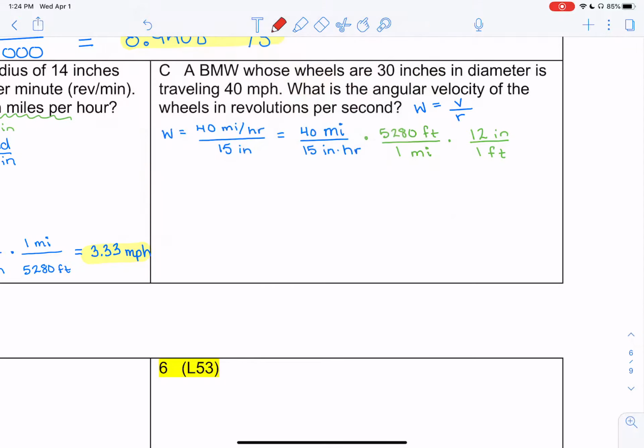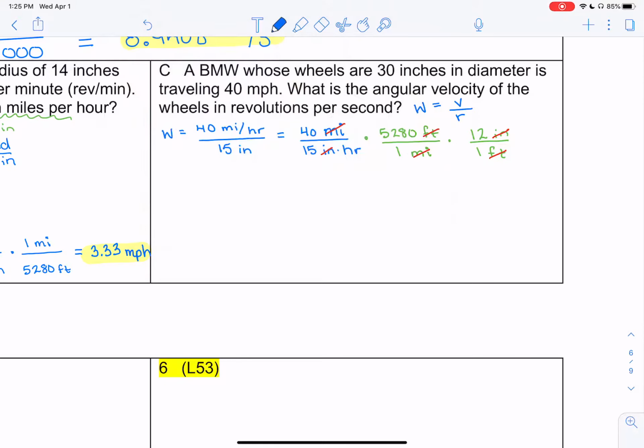And I go back through and cancel out units. So I have miles cancel, feet cancel, and then inches cancel. So right now all I have is the hours on bottom, okay? And we are going to be able to stick radians back in here at this point.